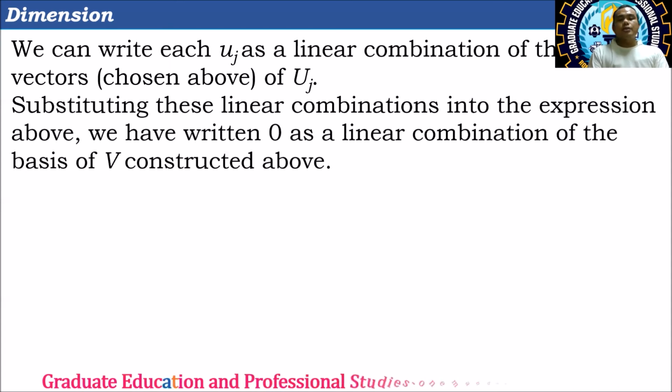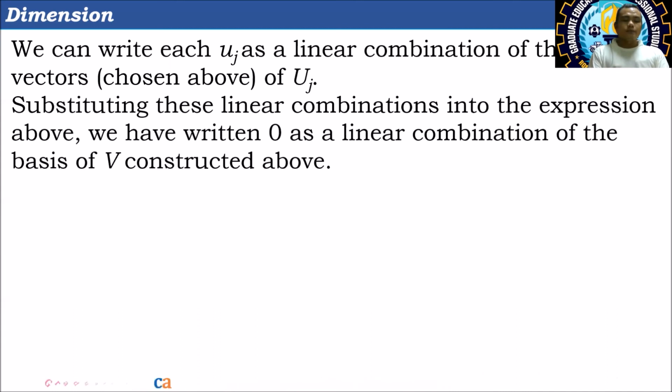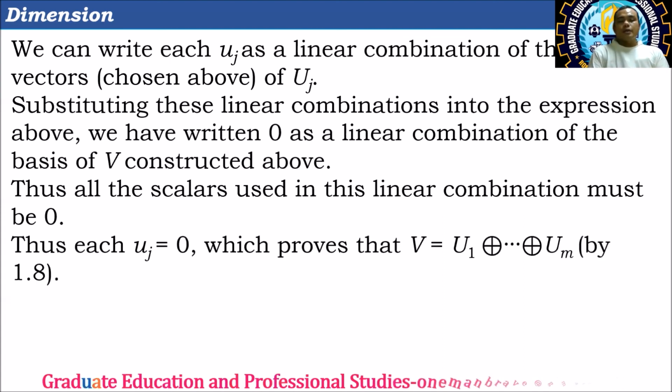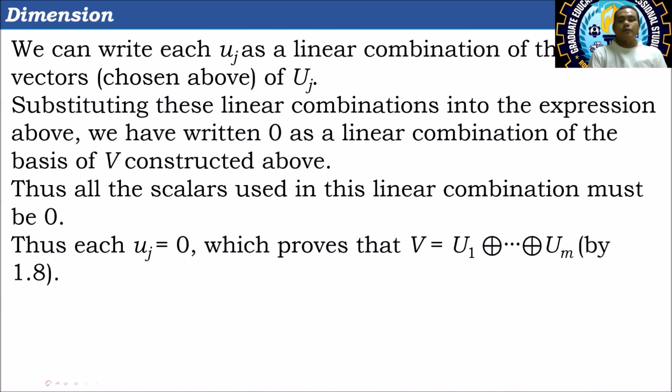Substituting this linear combination into the expression above, we have written 0 as a linear combination of the basis of V constructed earlier. Thus, all scalars used in the linear combination must be 0. Thus, the u's are equal to 0, which proves that V is equal to the direct sum of the U's by the idea provided in 1.2.